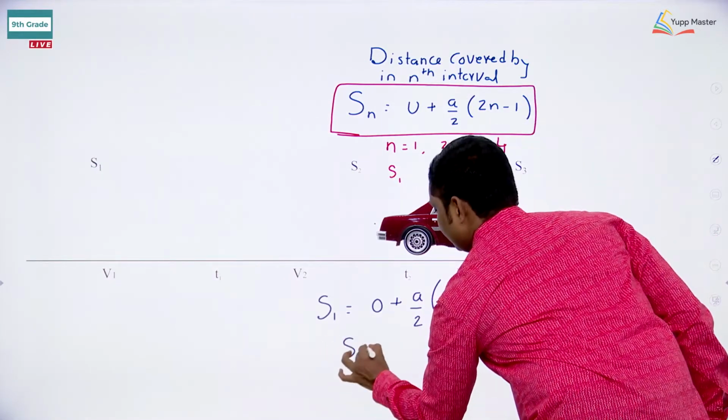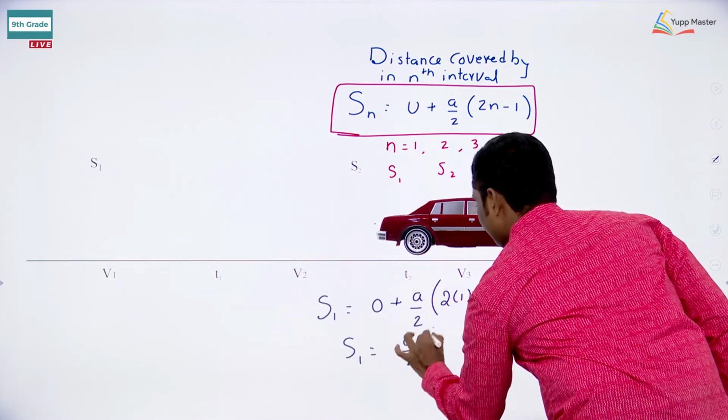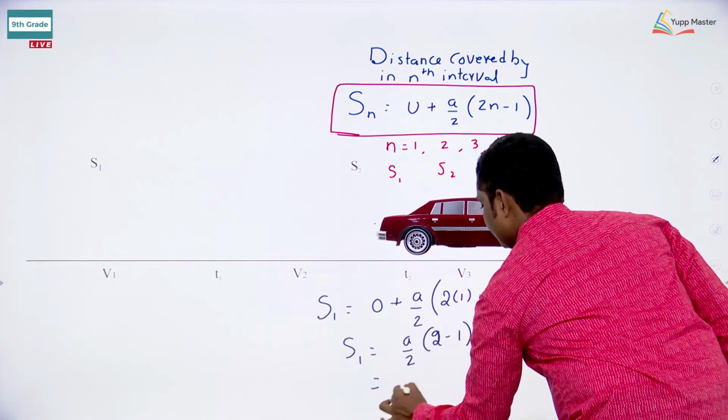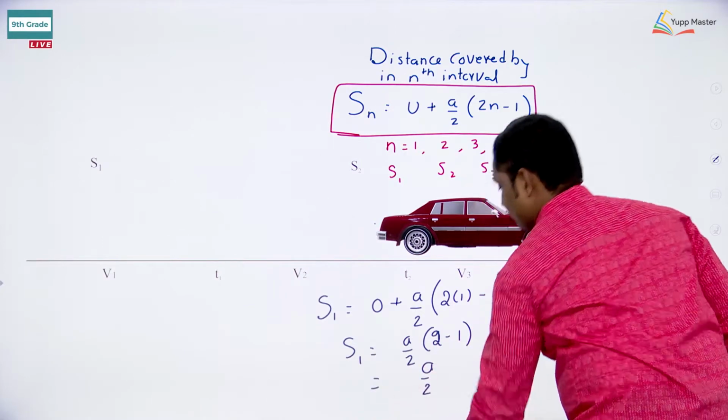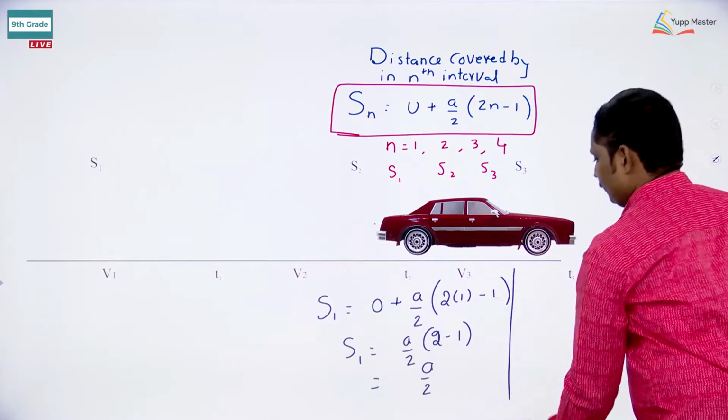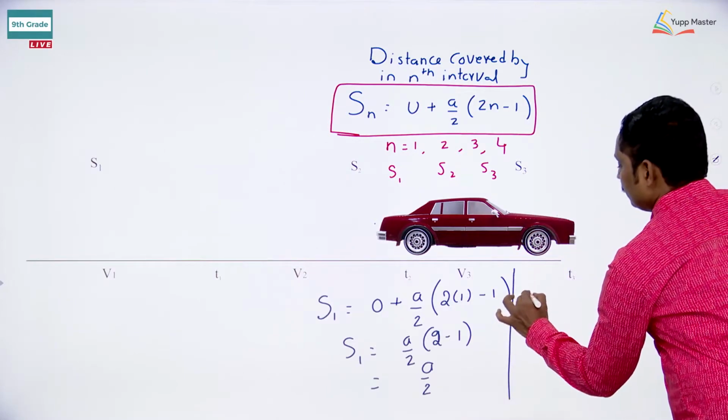So, S1 is equal to a by 2 into (2 minus 1), that is a by 2, all right. Like that you can get S2 and S3 also.